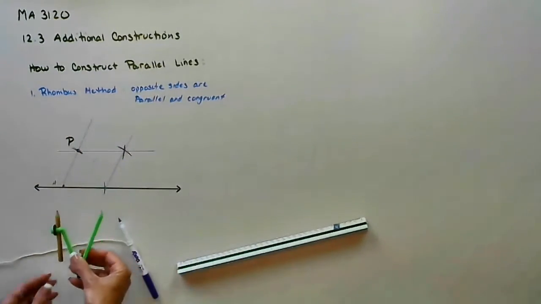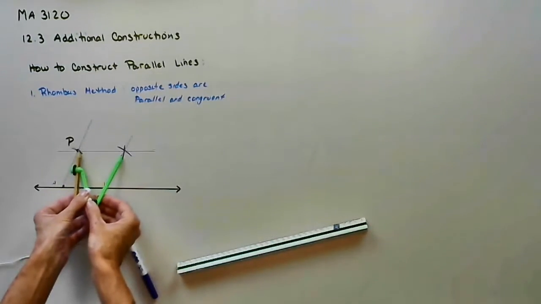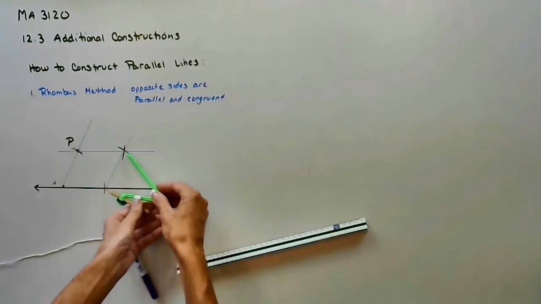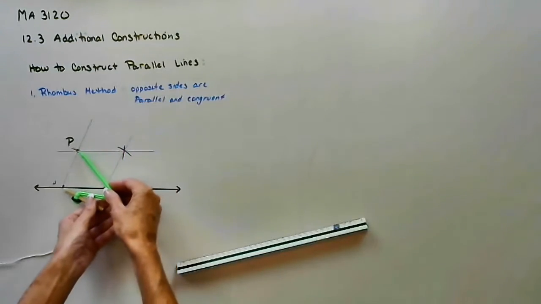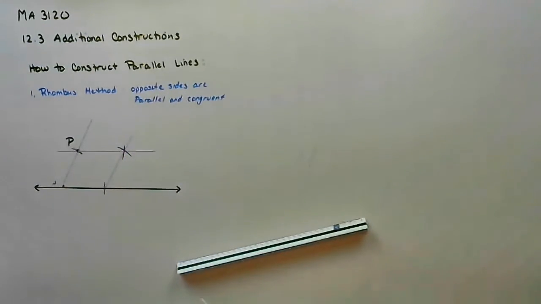And now when you measure, this line segment is the same as this line segment, which is the same as this line segment and this line segment. So opposite sides are congruent and opposite sides are parallel.